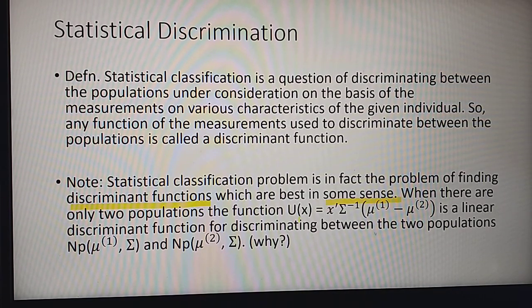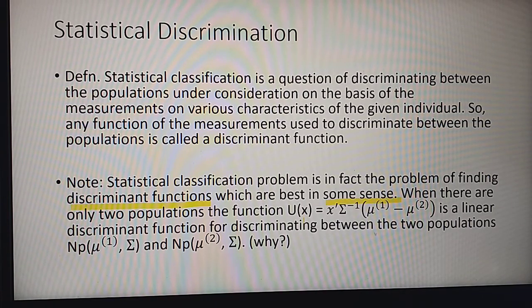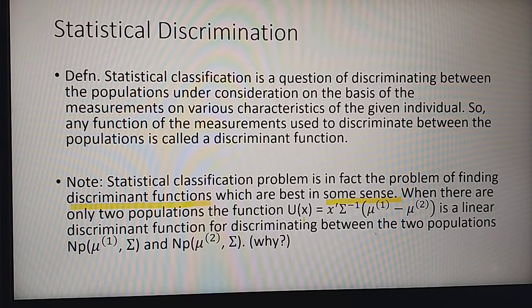Because in the last theorem we have seen that the function u(x) is used to define the best classification rule when there are only two populations.